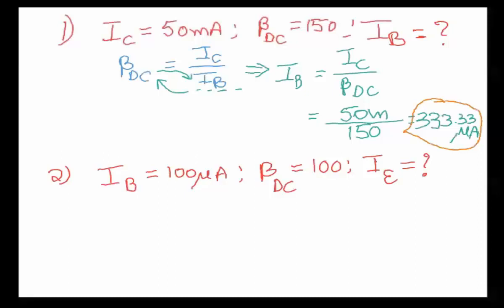Always remember that base current is usually smaller than the collector current. If you think any other way around, it's going to be wrong. Swapping the denominators is easier if you're looking for the denominator.